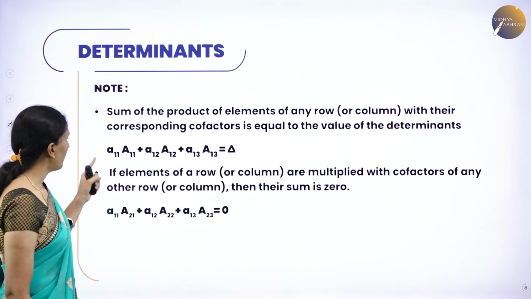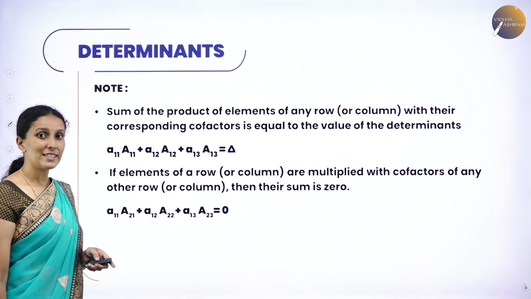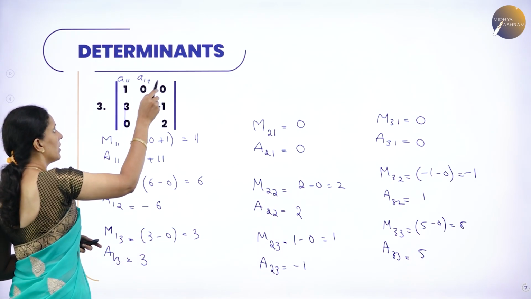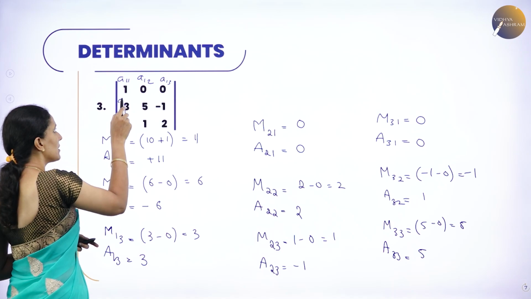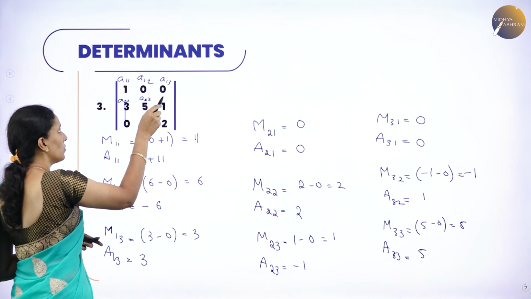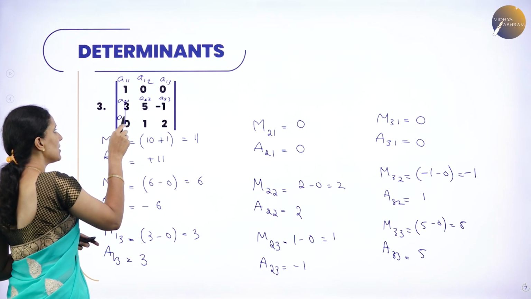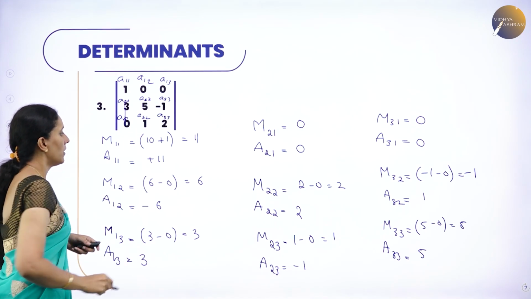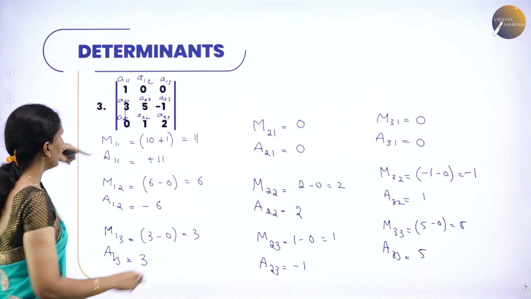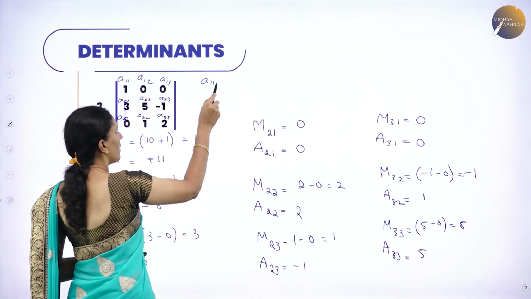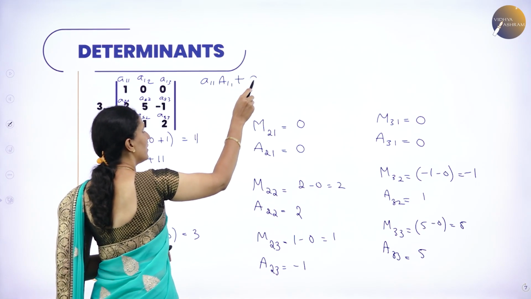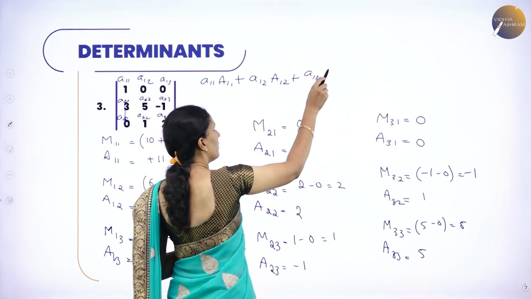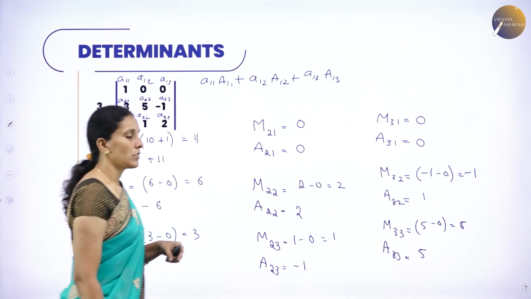So that is when you multiply A11. What is A11? So this is A11, A12, A13. Similarly, this is A21, A22, A23. Similarly, this is A31, A32, A33. So when you multiply A11 with A11 and A12 with A12 and A13 with A13, let's see it now.